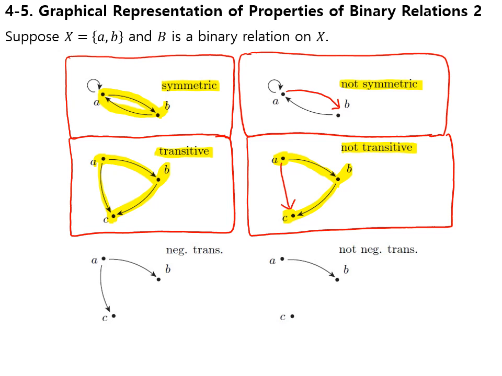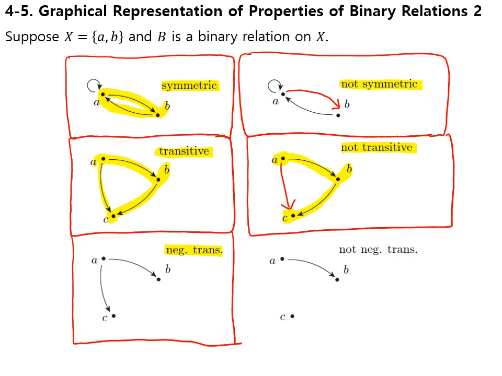Okay? Now consider the picture on the bottom left corner here. So this is a picture that represents a relation that is negatively transitive. And the reason why it is negatively transitive is because you can see that, right?